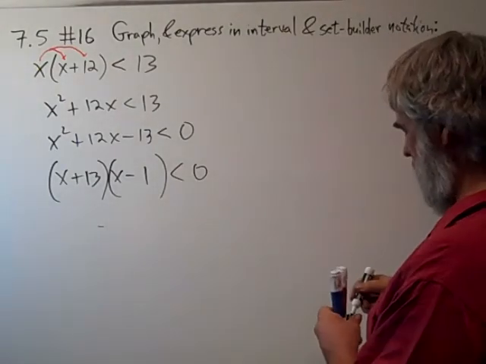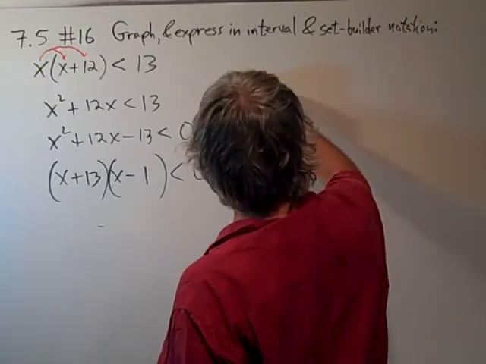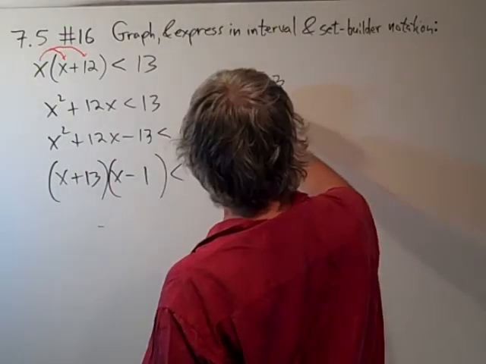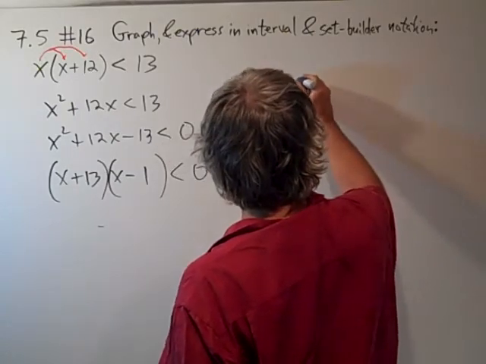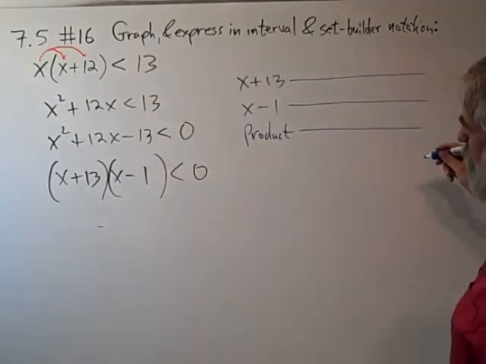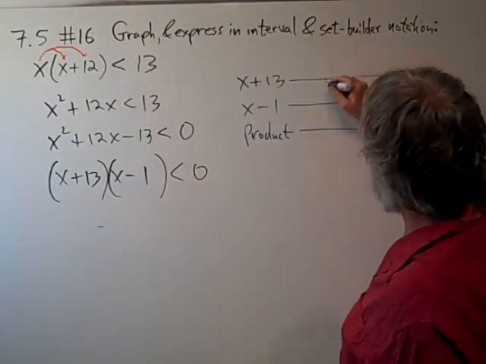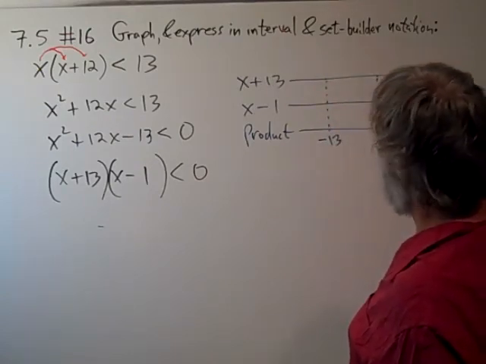So let's make a line for each of the factors, x plus 13, x minus 1, and the product of those two. The critical points here are at negative 13 and positive 1.